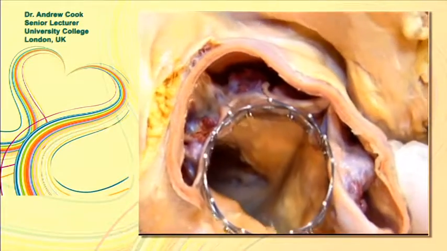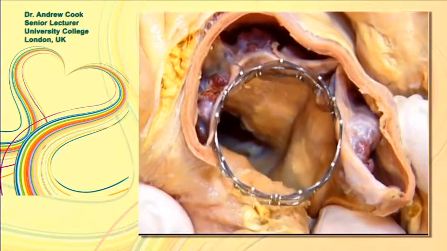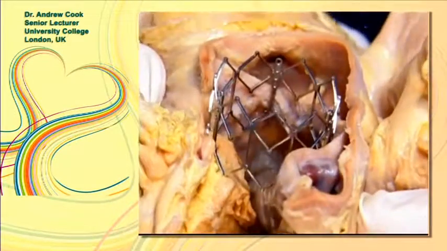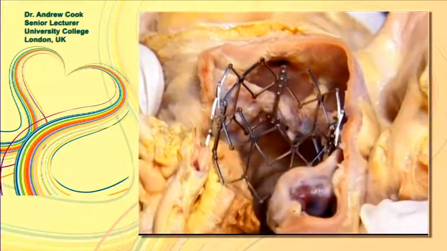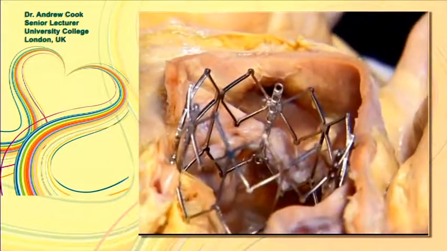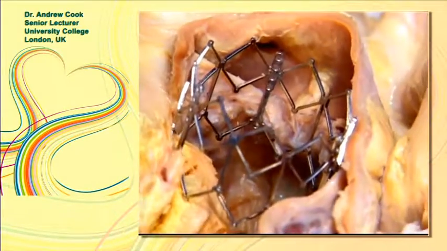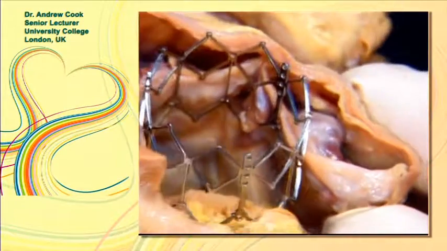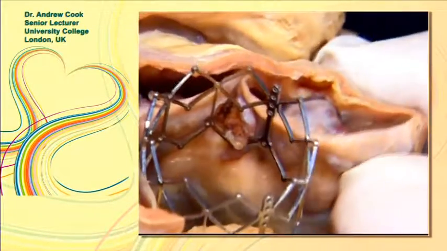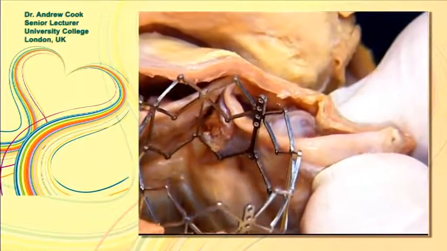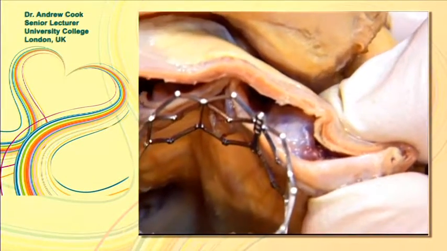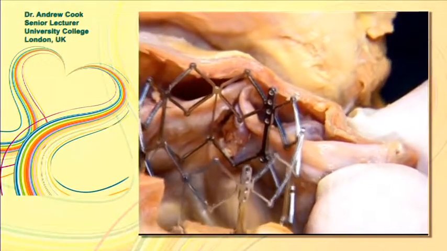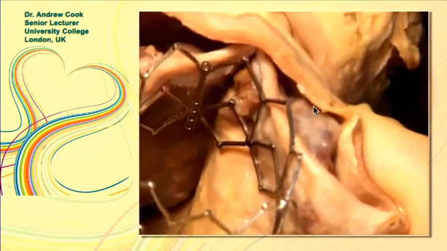And in the same heart, in fact, what we've done is put again the cage of the Edwards TAVI valve in to confirm the fact that the right coronary is okay, the leaflet tissue is not obstructing the coronary orifice, but as we move towards the left side, just here, you can see that the cage is now pushing that leaflet and that calcific nodule into, or very close to, the left coronary artery origin.